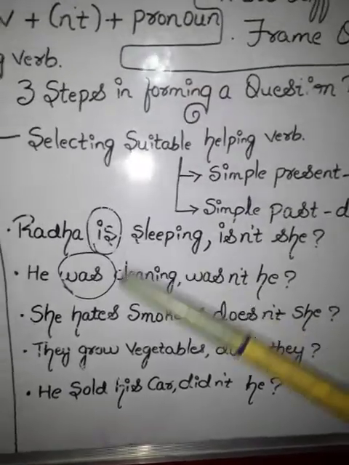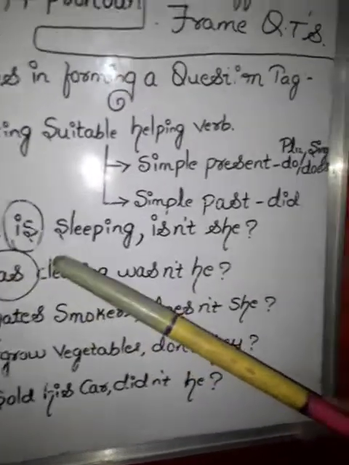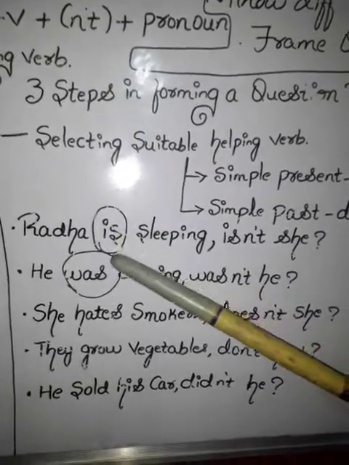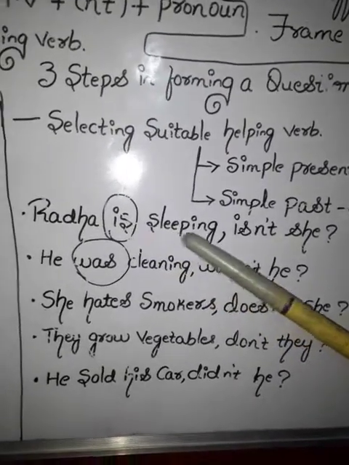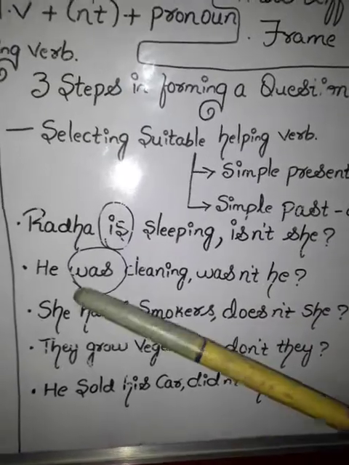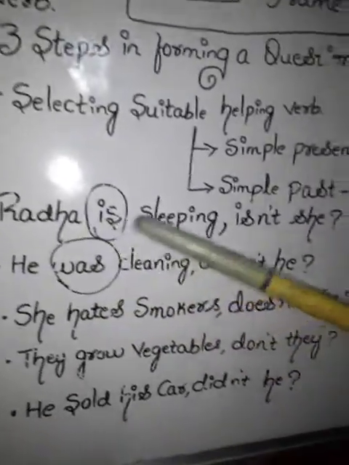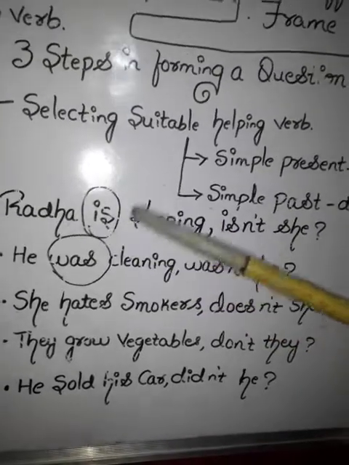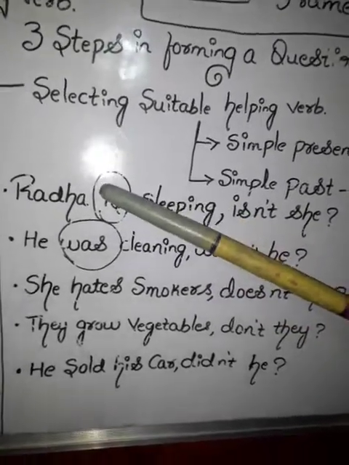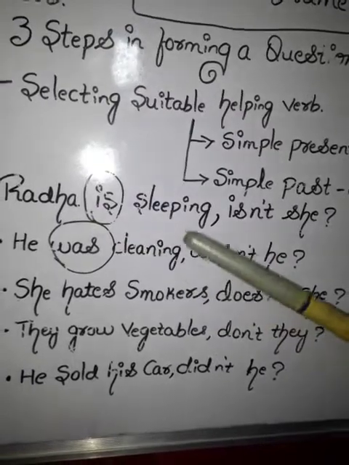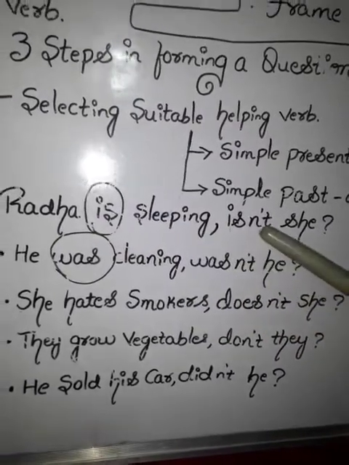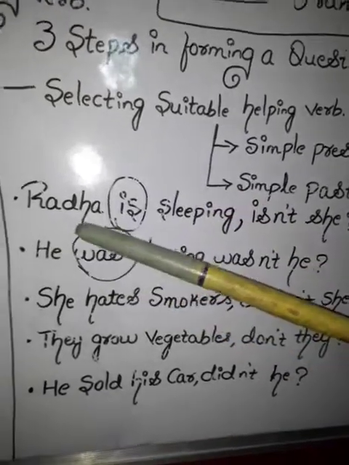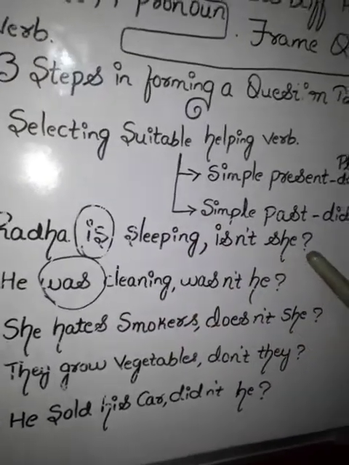If there is a helping verb in the given statement, you should use the same helping verb to write a question tag. Example, Radha is sleeping. Here you already know that is is a helping verb in the given statement. So you should frame a question tag by using is and she. Radha is feminine gender, so that is the reason we are using the pronoun she.